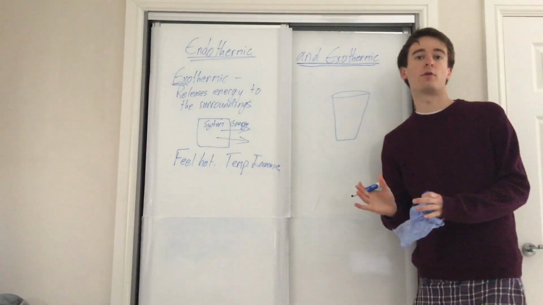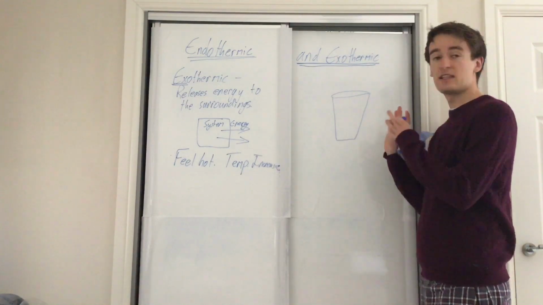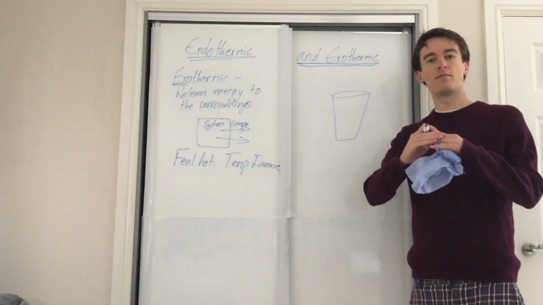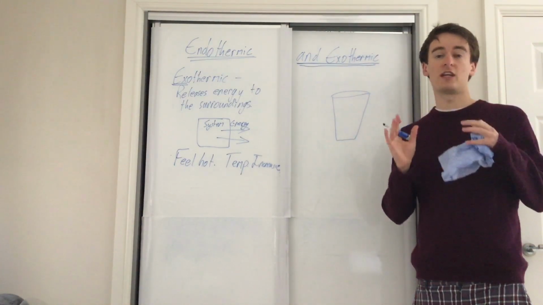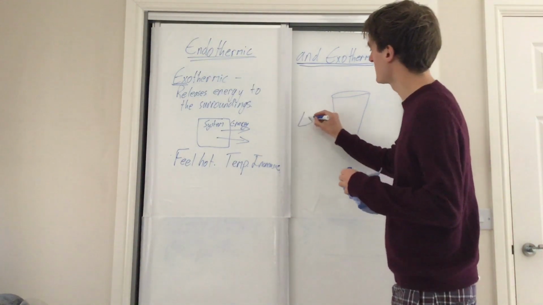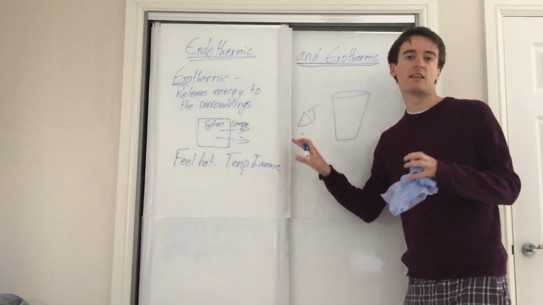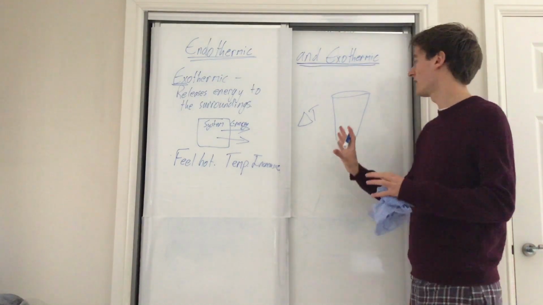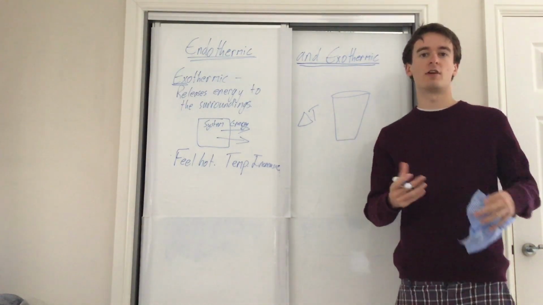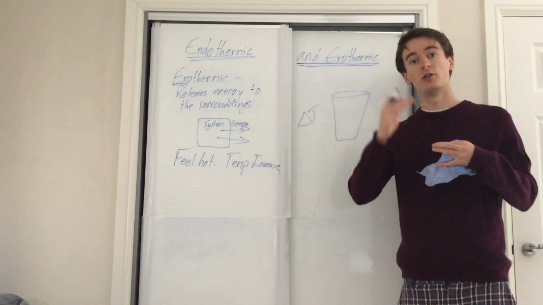The reason we use a polystyrene cup is that it's very insulating, so we can measure the full temperature change. We are looking in these experiments for delta T, the change in temperature.